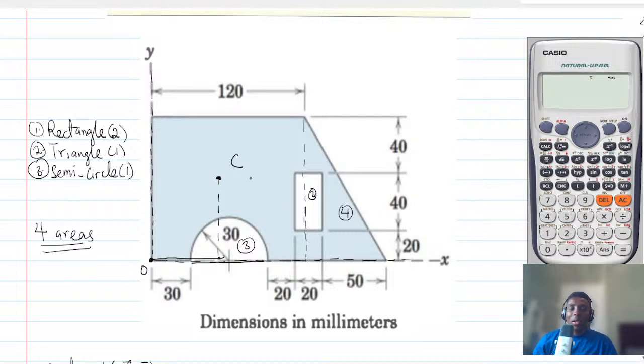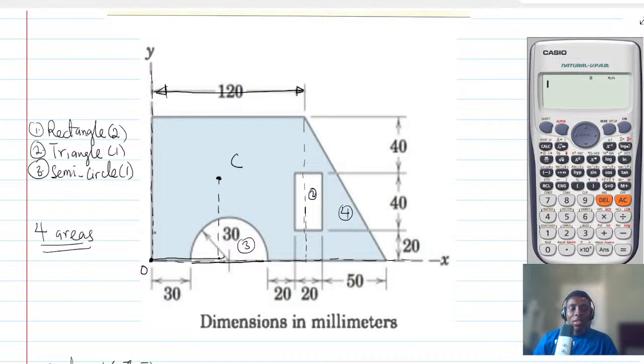But for a rectangle, halfway is very simple. Just divide the x distance by 2. You realize that the whole of this distance is what? 120. So it means that I will have to walk halfway, and half of 120 is what? 60, right?